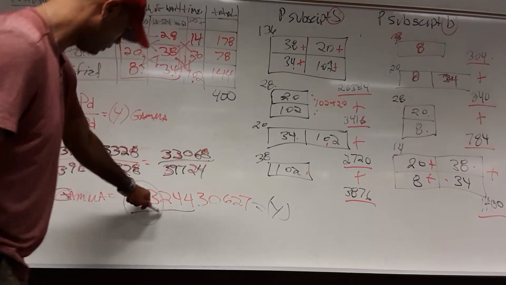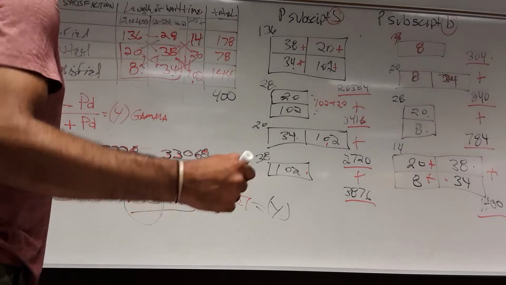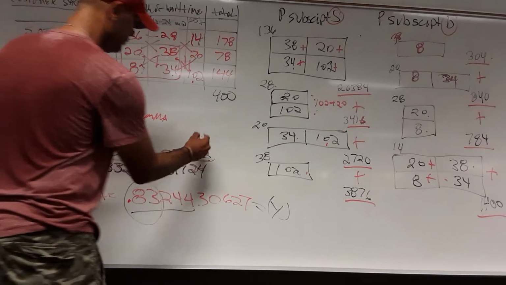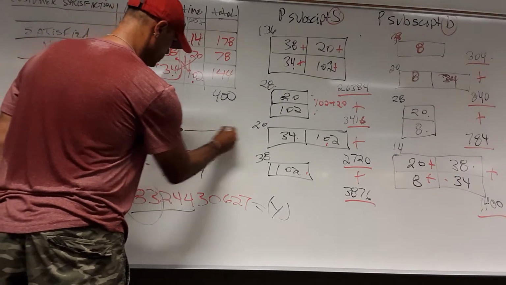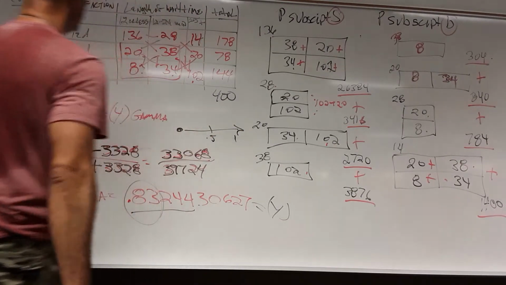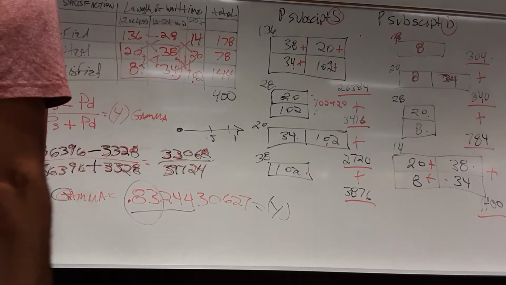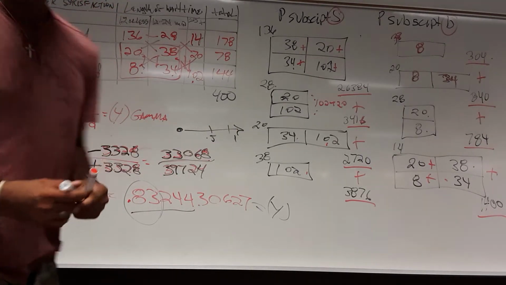This was the gamma that we found, which measures strength on a scale from 0 to 1.